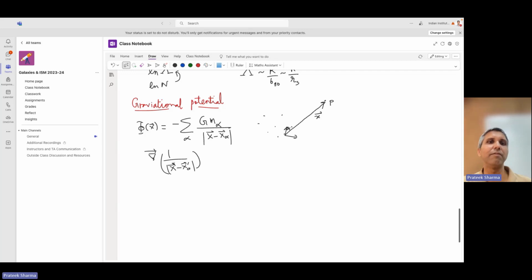Right, so the gradient of the potential gives you the gravitational force per unit mass, and then you have the Laplacian, delta squared, of 1 over x minus x prime. So this is like a discrete limit. Now x prime is the continuum label that you use, and this is of course the delta function.